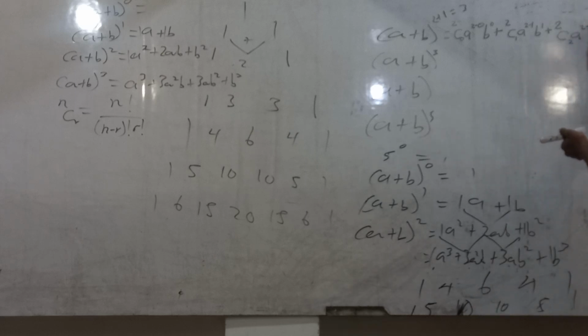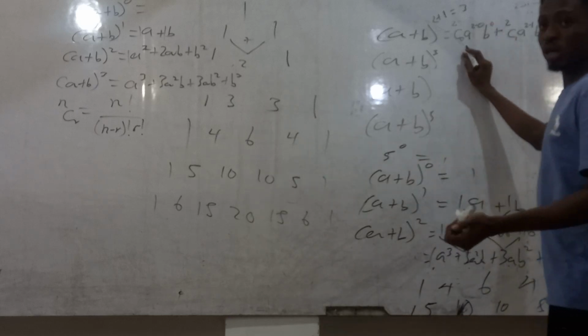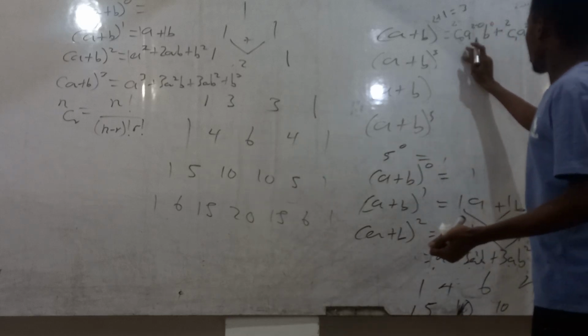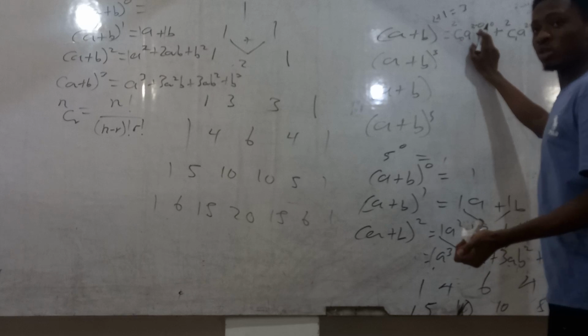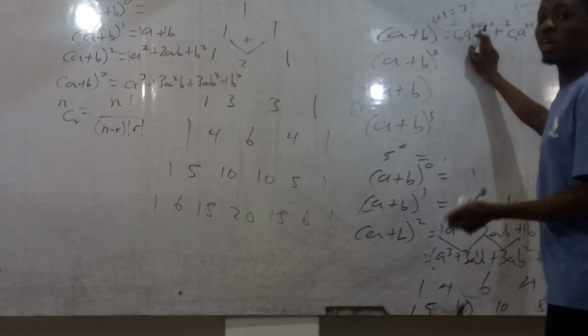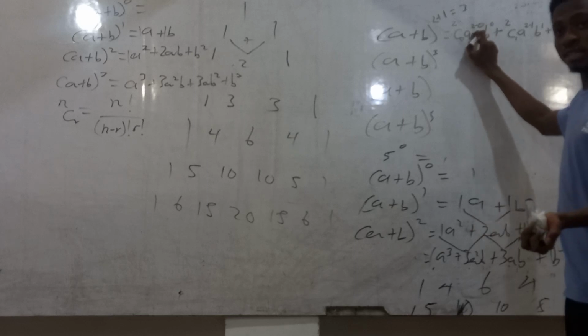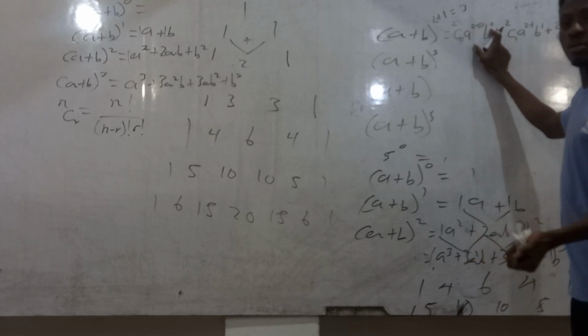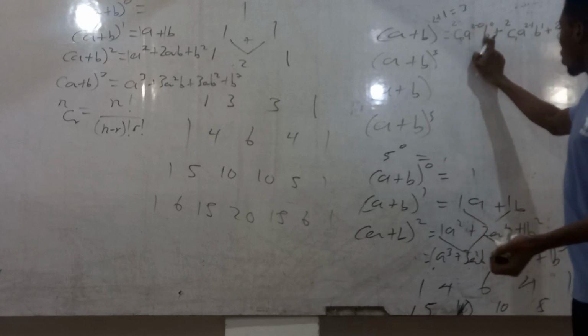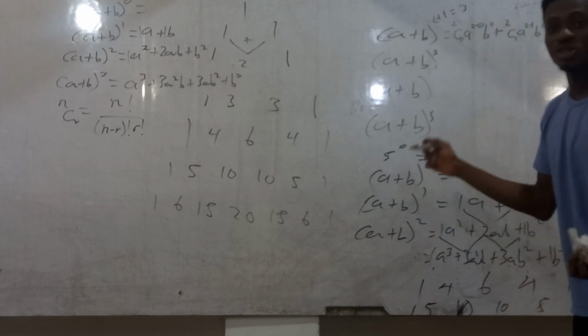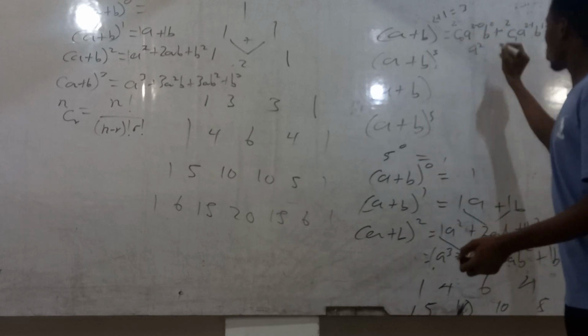A to the power 2 minus 2. B to the power 2. So this is the first step. 2 combination 0 is 1 if you use the calculator. 2 minus 0 is 2. So 1 times a squared, right? Any number to the power 0 is 1. So 1 times a squared times 1 is what? A squared.